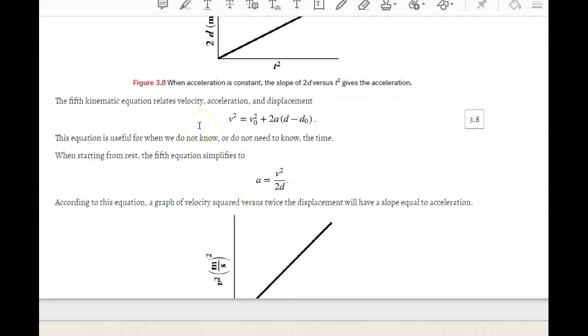One of the last equations involves velocity, acceleration, and distance, and that's for when you don't have the time given in the problem. You have the final velocity squared is equal to the original velocity squared plus 2 times the acceleration times, in parentheses, the change in distance. We're calling that the displacement.